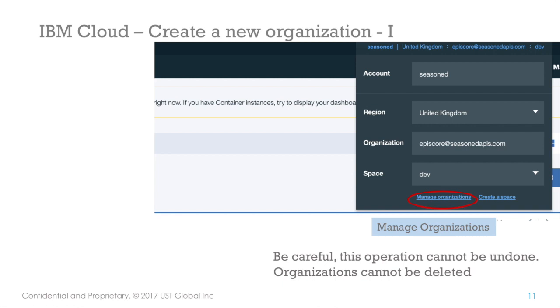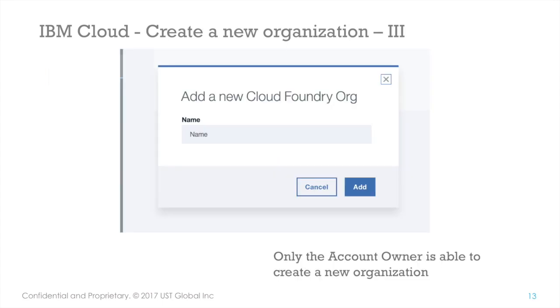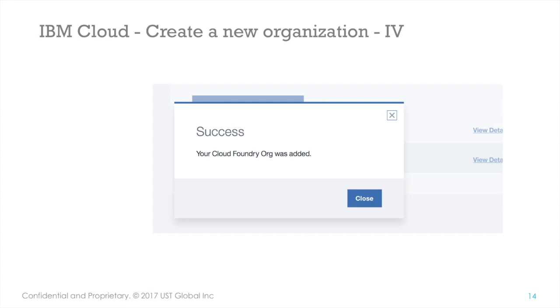When we create an organization, it cannot be deleted later on, so take care when you create new organizations. Then we just click on create a new organization, we add a new Cloud Foundry organization, and just need to enter the names. And then whenever we're ready, the organization is added.